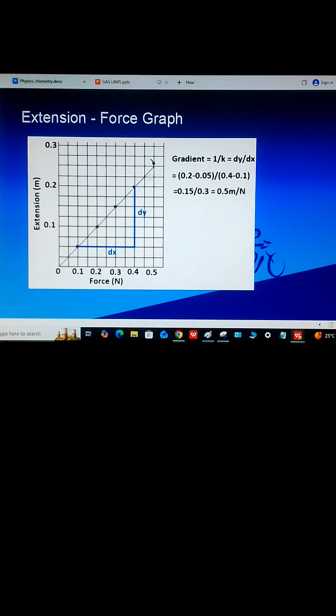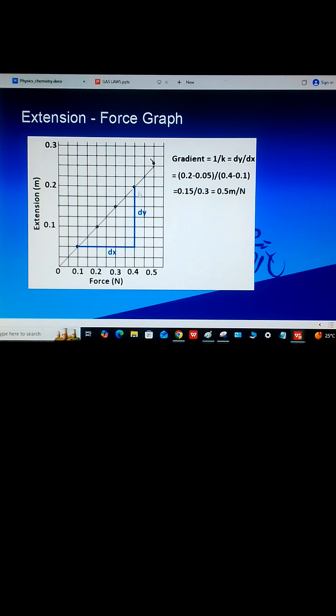All right. Then if you get the gradient of this graph, we find that this gradient is equal to 1 over the spring constant, 1 over k. All right, which is found by getting the change in y, dy, and change in x, dx. So that is 1 over k.